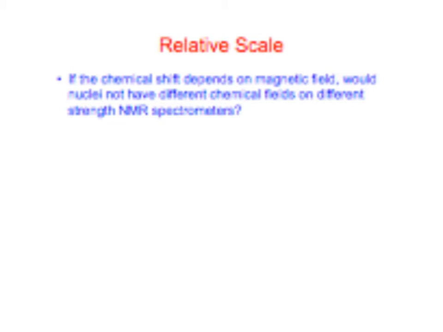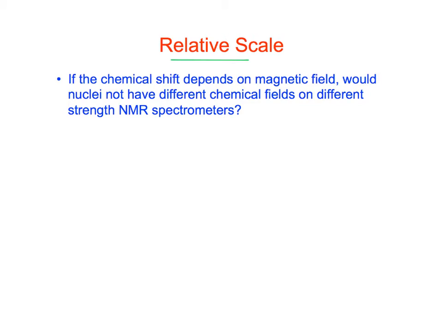And therefore, the chemical shift frequency would end up being different on every different magnetic field, every different instrument, right? If you looked at one on the 300 megahertz NMR, it would have a different frequency for a signal than on the 500 megahertz NMR, right? So what we have to do is use this relative scale, okay?